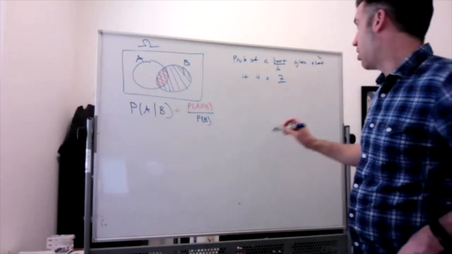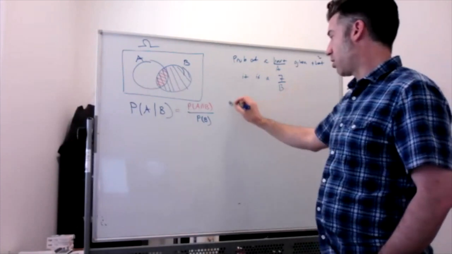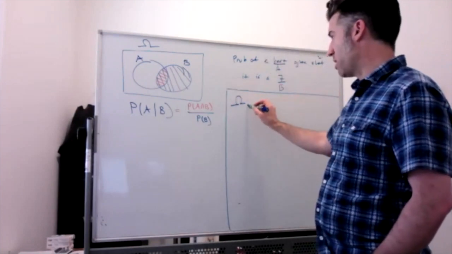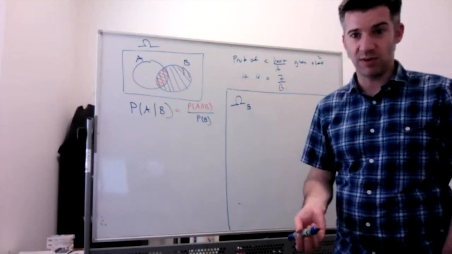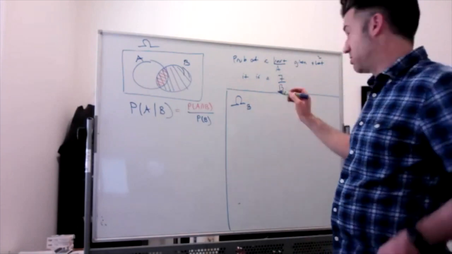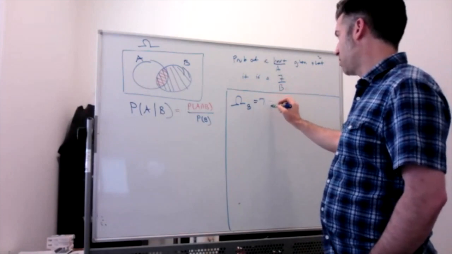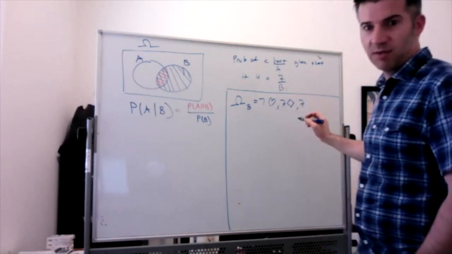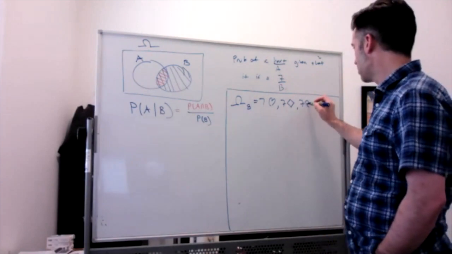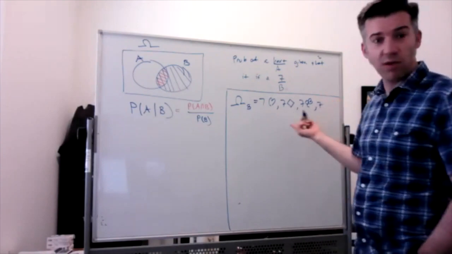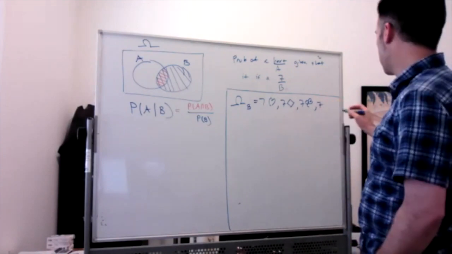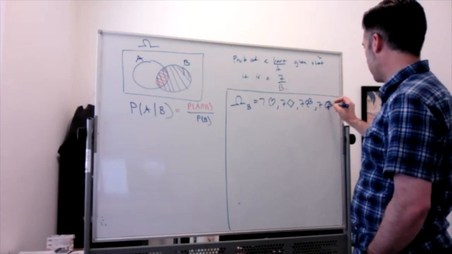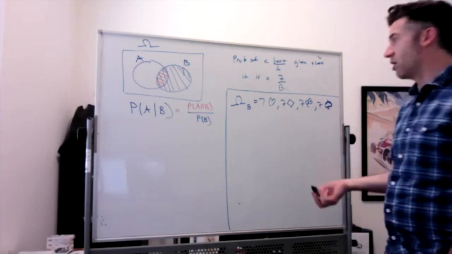Okay, well, that's our B. Our reduced sample space, I'm going to call omega B. Since we're given a 7, it's either a 7 of hearts, a 7 of diamonds, a 7 of clubs, which I'm terrible at drawing, some people call them clovers, or a 7 of spades. I'm also not great at drawing. Okay, so there's our sample space.